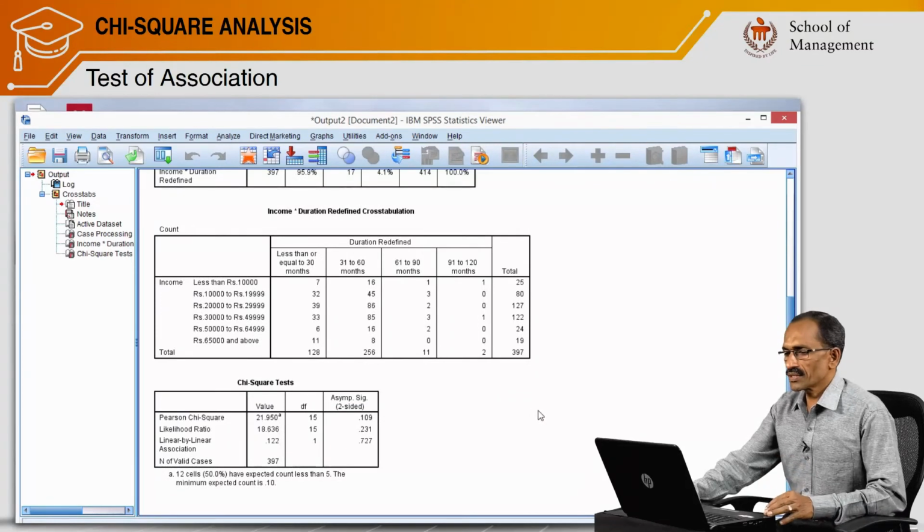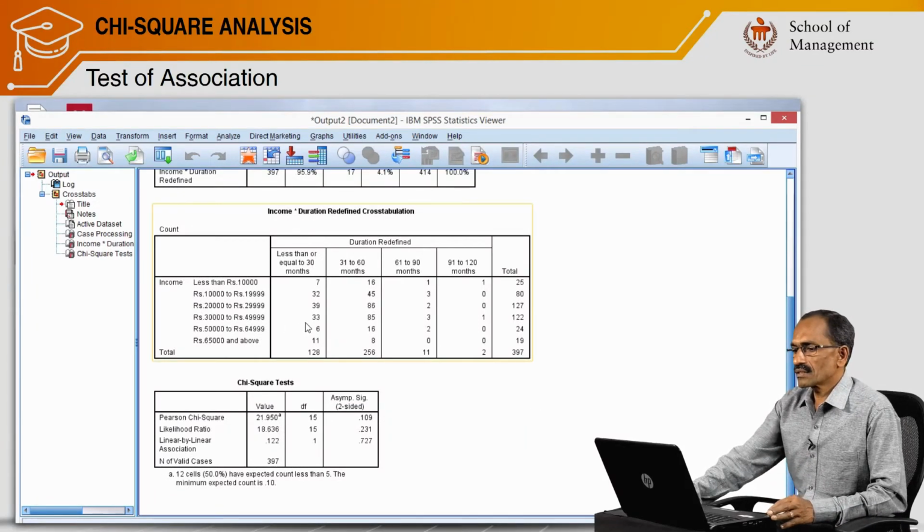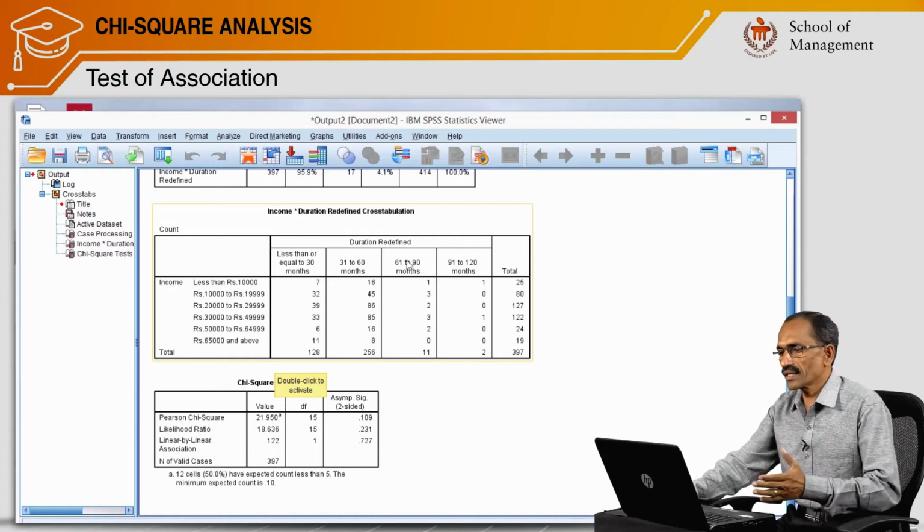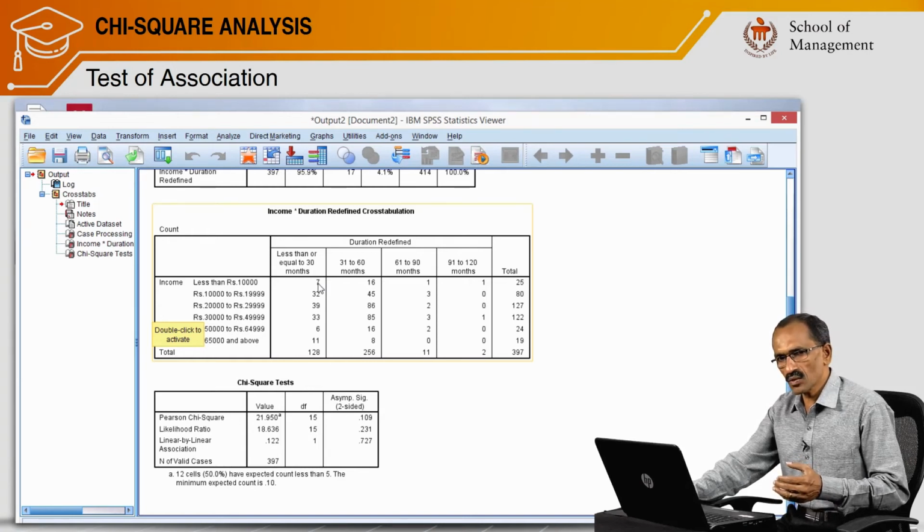Oh, this is a cross tabulation. The cross tabulation result tells that we have columns and rows. In the column, we have duration of internet usage, and in the row, we have income. And what does this mean? I think we have discussed this in the cross tabulation.